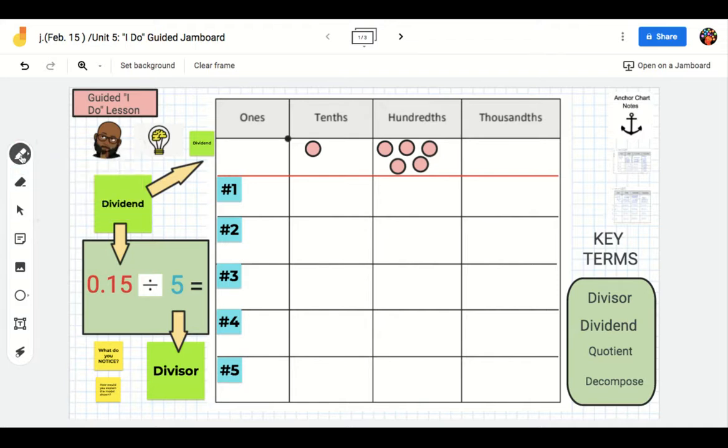If we weren't in hybrid, you'd really understand the importance of labeling with Mr. Hughes. But anyway, I'm going to break it up. I'm going to use X to let me know that I'm going to break this up. And I'm going to bring what I break up over to the next place value. So I'm jumping from tenths to hundredths, times 10.